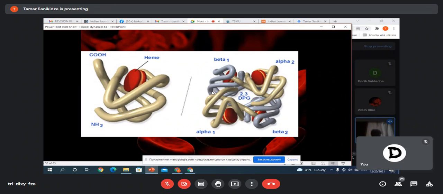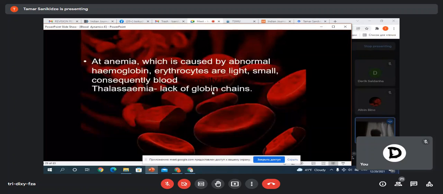In this case, the hemoglobin will become small, light, and the erythrocyte also will be small, light. This is known as thalassemia, a lack of the globin chains.